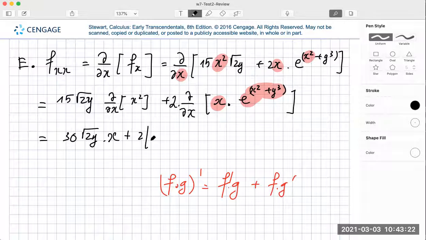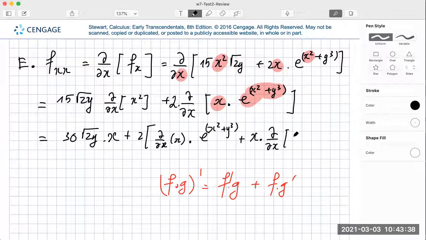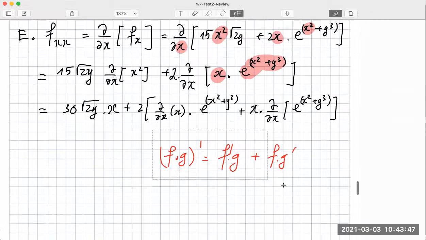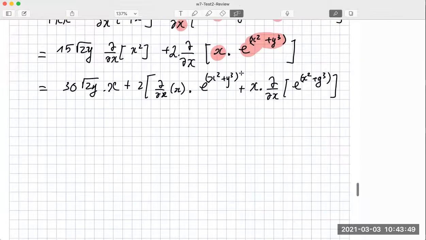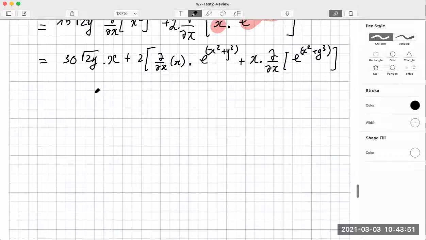The partial derivative of x times e to the x squared plus y cubed, plus x times the partial derivative with respect to x of e to the x squared plus y cubed. Do it very slowly, otherwise you may make some mistakes here. Okay, product rule.